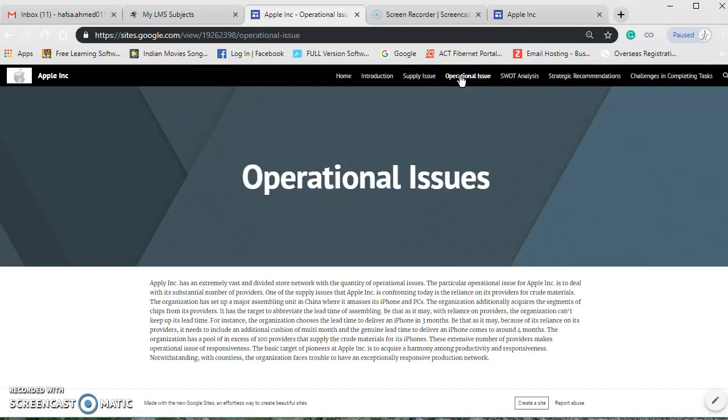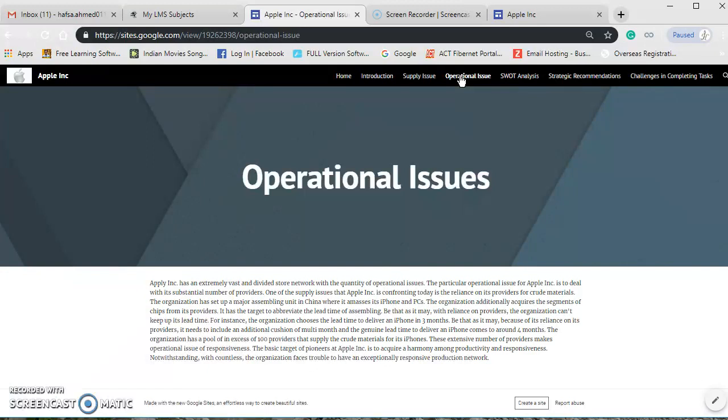Next is operational issues. Apple Incorporated has a very large and fragmented supply chain with a number of operational issues. The specific operational issue for this company is to manage its large number of suppliers.